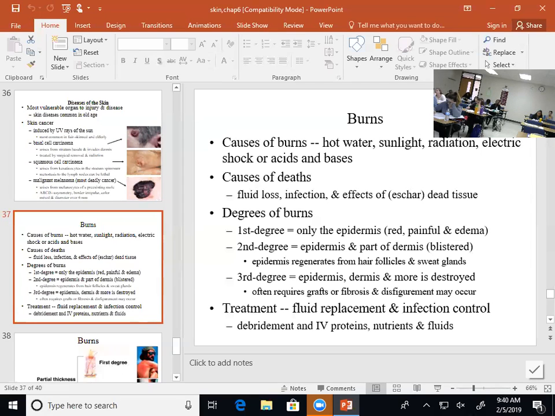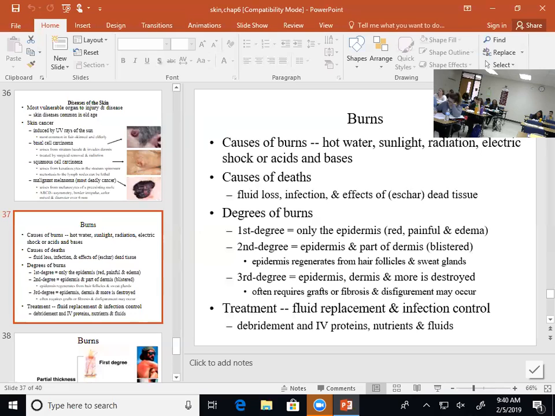So if you've lost that much of your barrier, you're weeping fluids. And you might not see them. It might not be dripping, but you are weeping fluids. So it's fluid loss. That's the initial thing that's going to kill a patient with a significant burn.